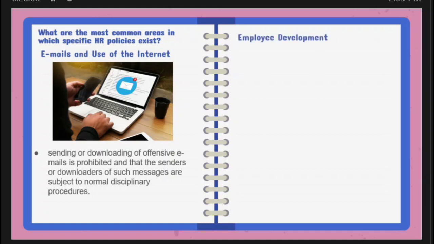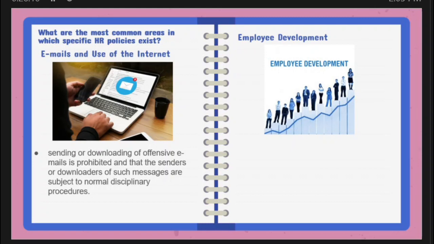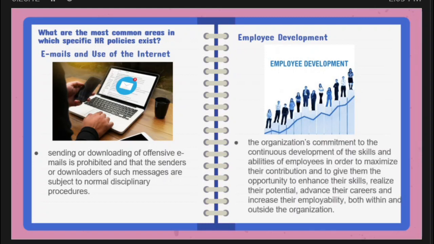Next, we have the employee development. The employee development policy could express the organization's commitment to the continuous development of the skills and ability of employees in order to maximize their contribution and to give them the opportunity to enhance their skills, realize their potential, advance their careers, and increase their employability, both within and outside the organization.